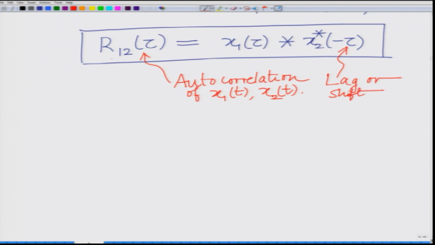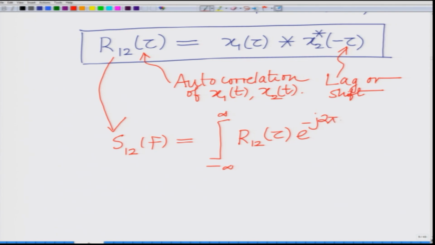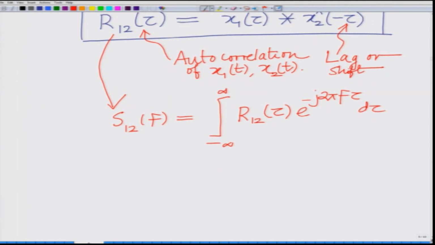If we take the Fourier transform, denoting it by S12(f) equals the integral from minus infinity to infinity of R12(tau) e to the power of minus j 2 pi f tau d tau, then convolution in the tau domain is multiplication in the frequency domain.